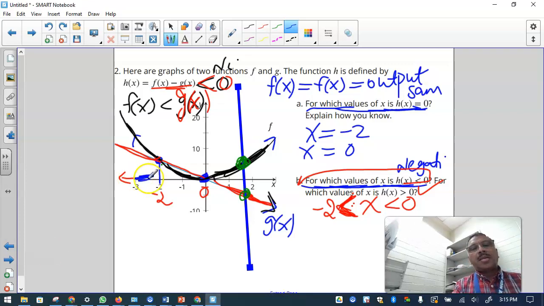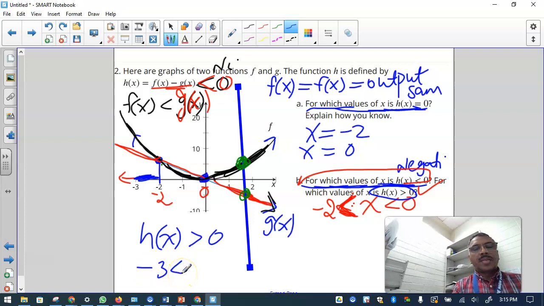So for this part, from -3 to 2, we want to know on this part h of x. So h of x is greater than 0 when -3 is less than x less than -2.